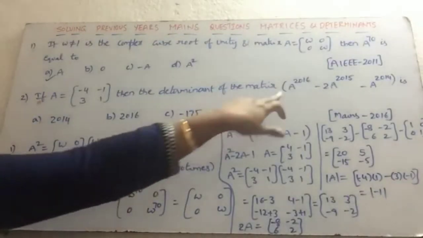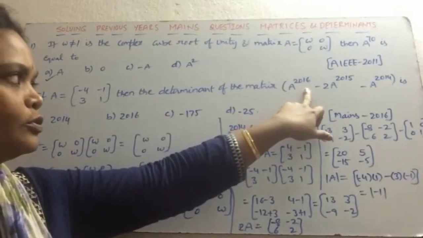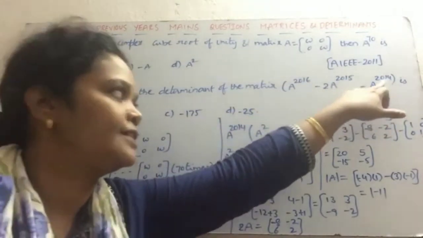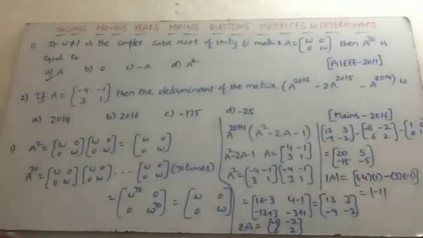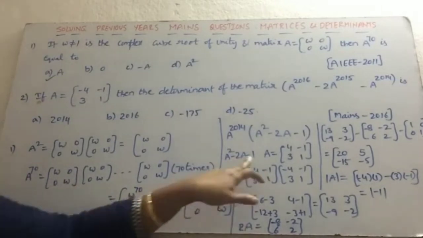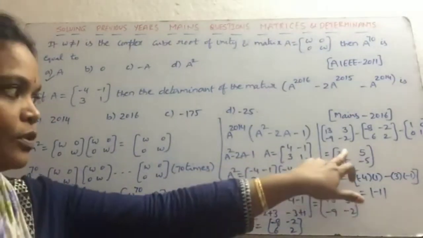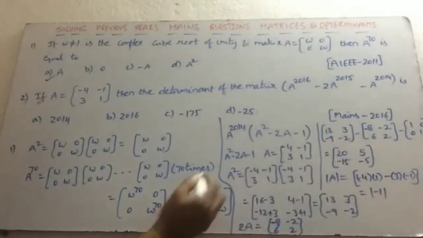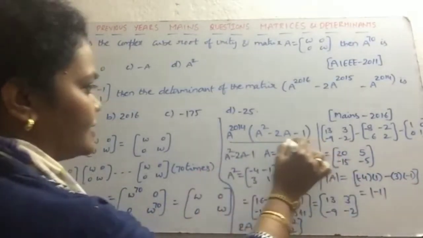Now they are asking the determinant of A power 2016 minus 2A power 2015 minus A power 2014. Then what is the value of A square minus 2A minus 1? It is equal to 20, 5, minus 15, minus 5. Now substitute here in this.